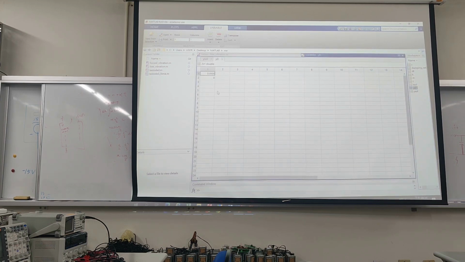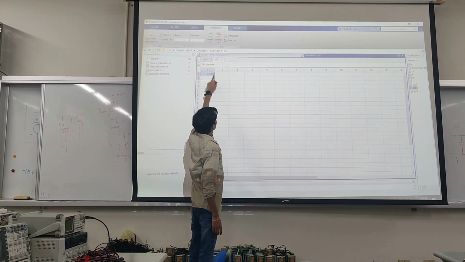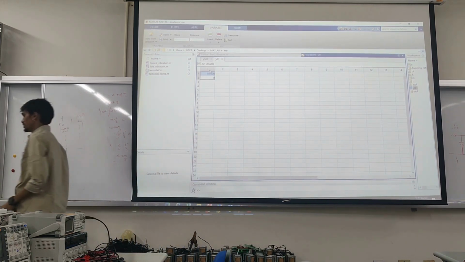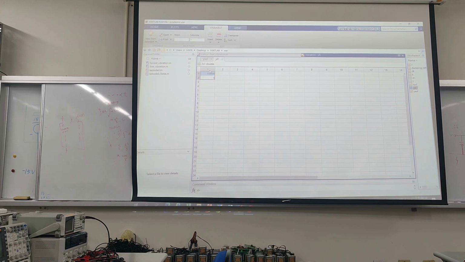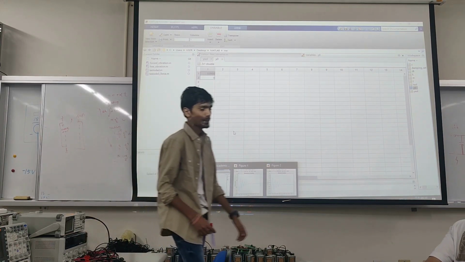Y0 also you can see, Y0 is the initial condition, only 1 row. If you put a comma, then this will be 0.05 and this will be 0. So take care of these things. So try for the forced vibration and I will tell you the extra things.